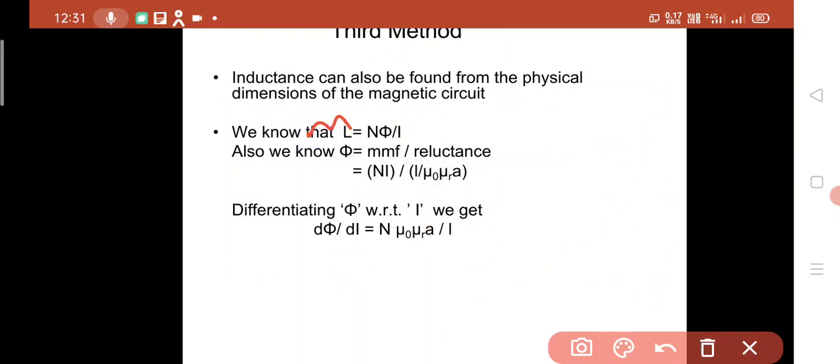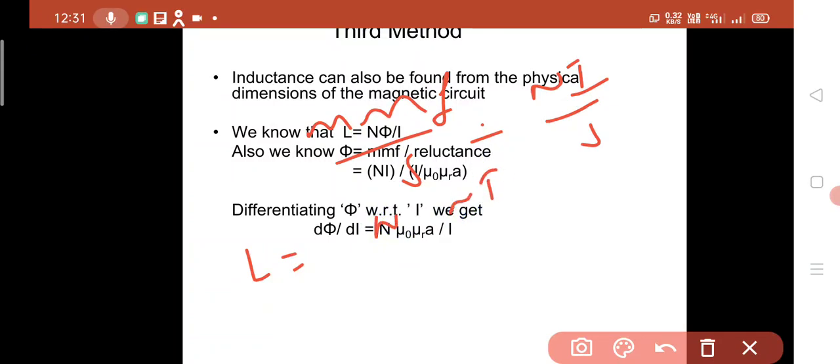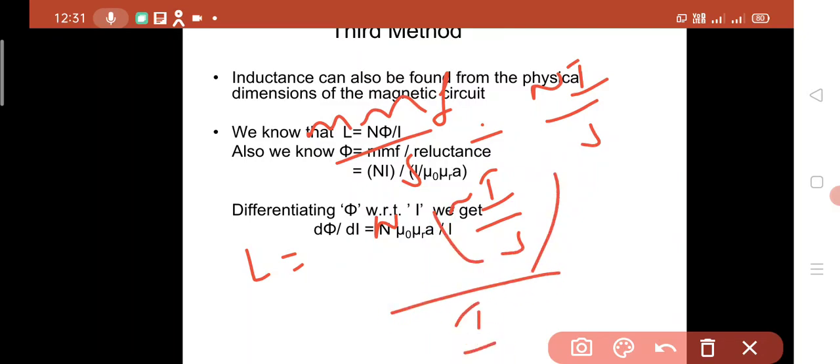So L is equal to N into Ni by S, divided by I, which is N squared I by IS.